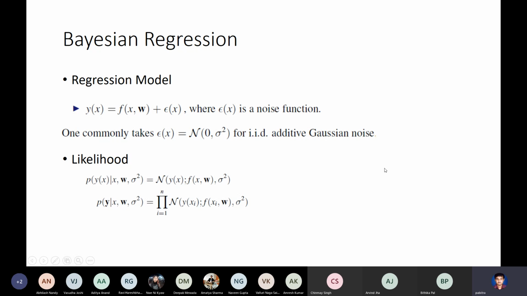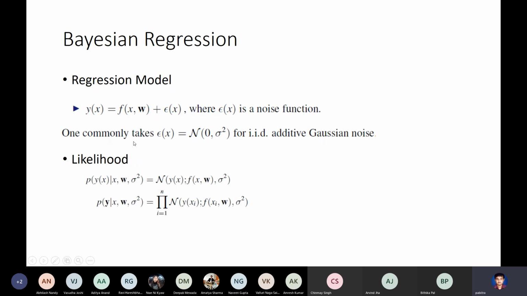And these are IID. That means for a different value of x, you get a different value of noise, which are independent of each other. In linear regression, it is w times x. In general, it can be some other function of w and x.